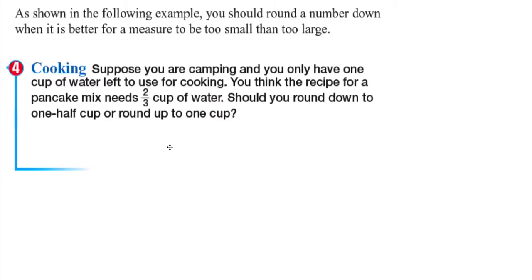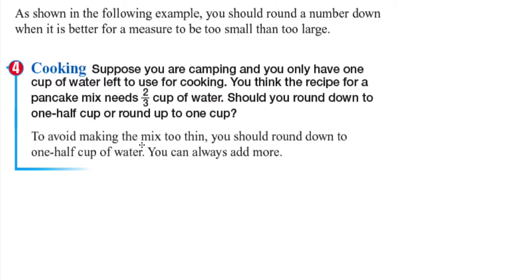A lot of the answer for this particular example will depend on how well you think logically. Now notice, in cooking, what's going to happen if you don't have enough water in your pancake mix? And what's going to happen if you have more than what you need? To avoid making the mix too thin, you should round down to 1/2 cup of water.